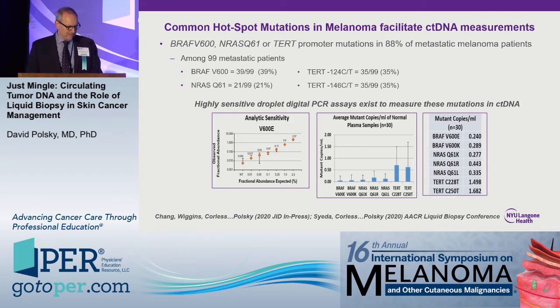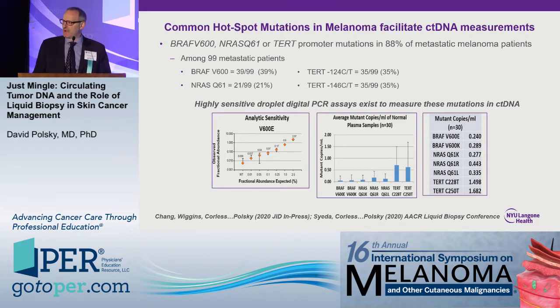We've developed and analytically validated 7 droplet digital PCR assays. We actually helped to develop the TERT assays with Bio-Rad. And what you can see here on the left side is just an example of analytical sensitivity showing that these assays measure what you expect them to measure. As you increase the amount of DNA in the sample, they go up in a nice linear way.